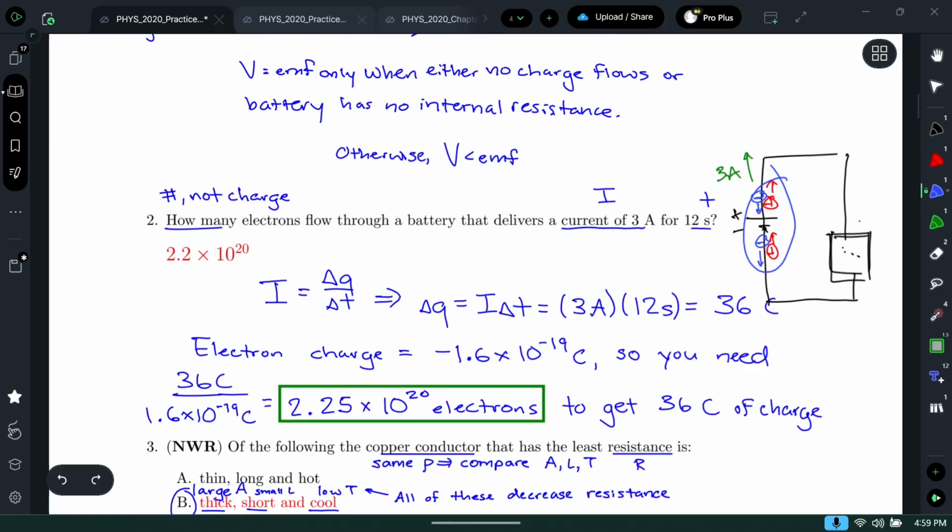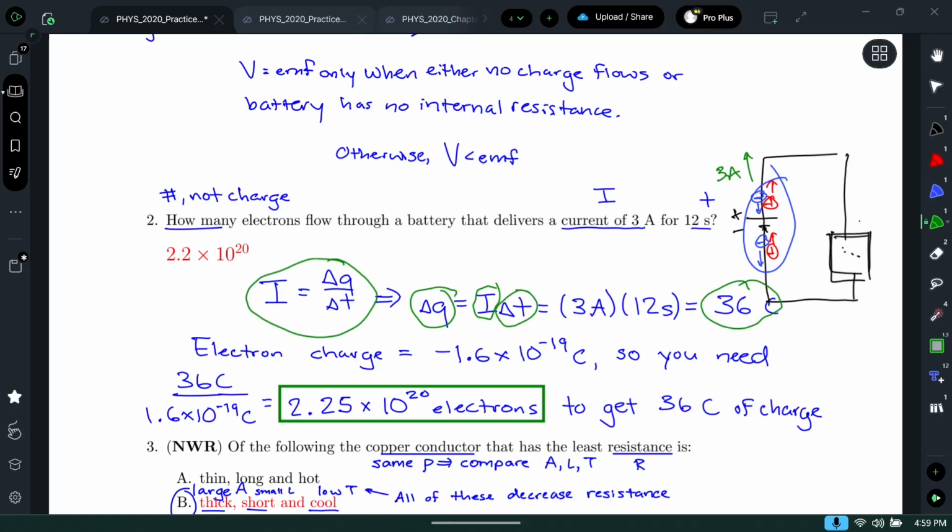So anyway, how many? Well, if I know the amount of charge that's flowing, how many coulombs, I can say, well, you can fit this many electrons into that number of coulombs. And that's why my first step is to say, how do I relate current to amount of charge? It is the amount of charge flowing per second. So amount of charge itself is amount per second times number of seconds.